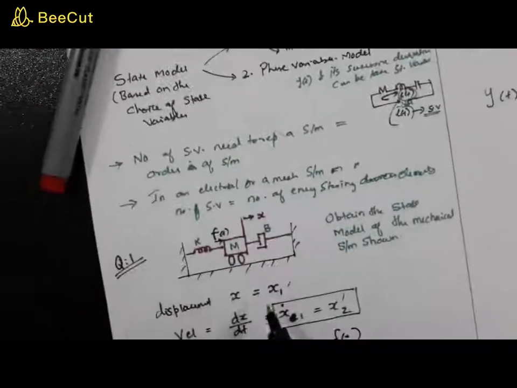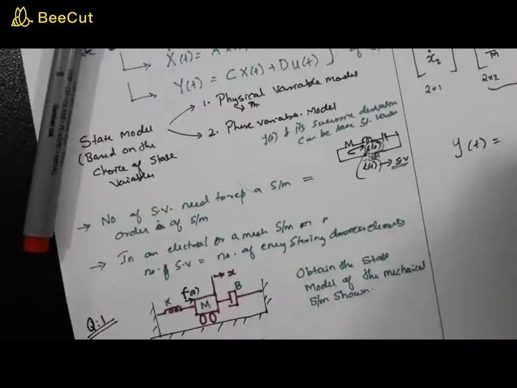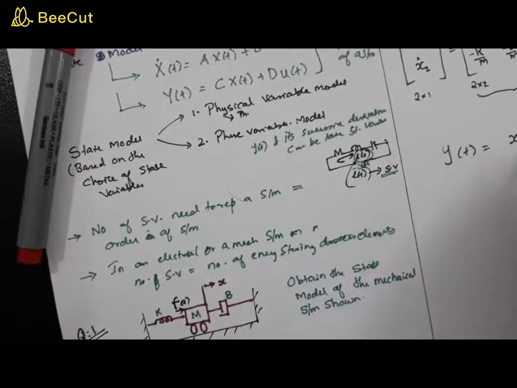Now we have assigned this x to be equal to x1, which is actually the state variable. So y of t is equal to x1, right?